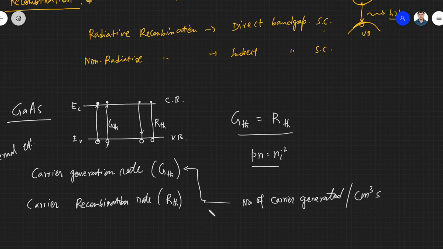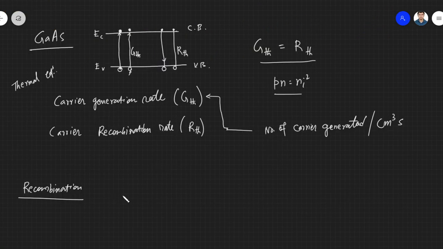And similarly, carrier recombination rate is the number of recombinations per unit volume per second. Okay, now having said this, this is at thermal equilibrium. Recombination will depend on what?